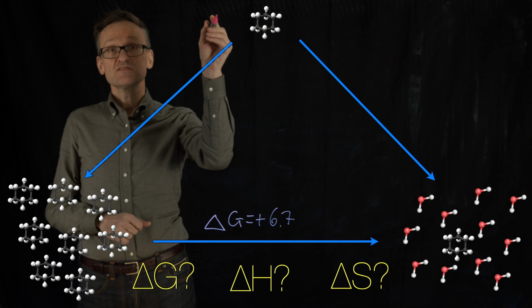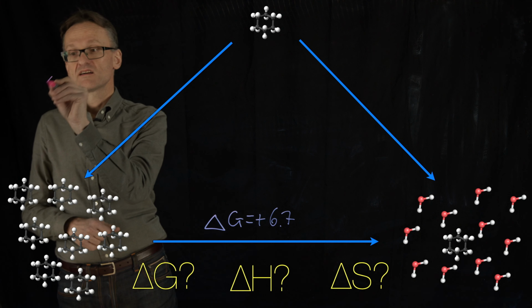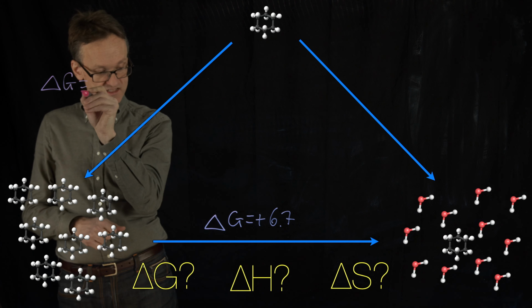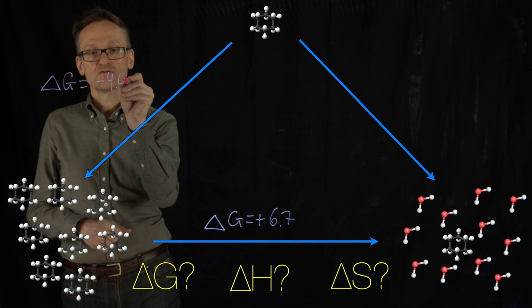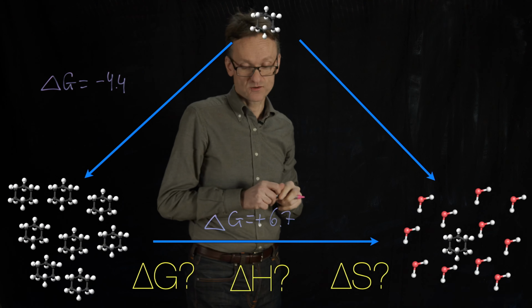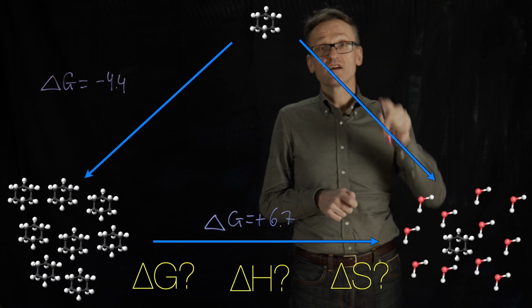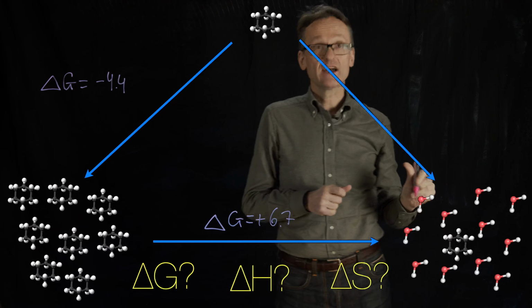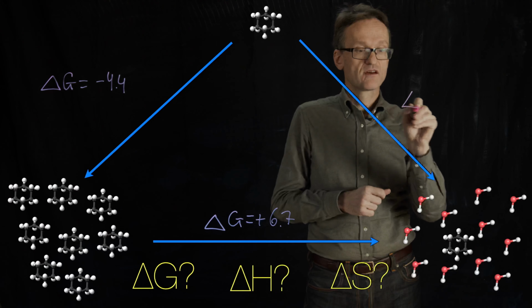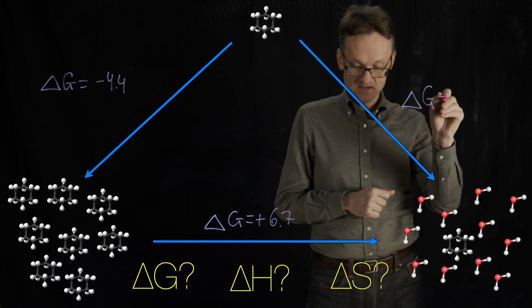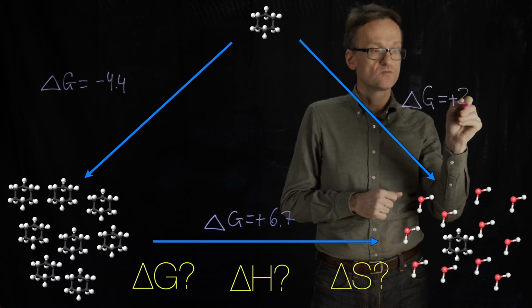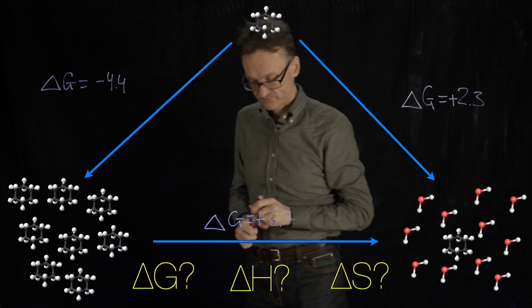Moving from the gas phase to the liquid phase, delta G is equal to minus 4.4. That's a good process. It loves to do that. And moving from the gas phase to the aqueous phase, I would have that delta G equals plus 2.3. Not favorable.